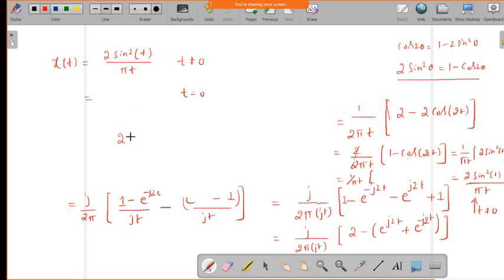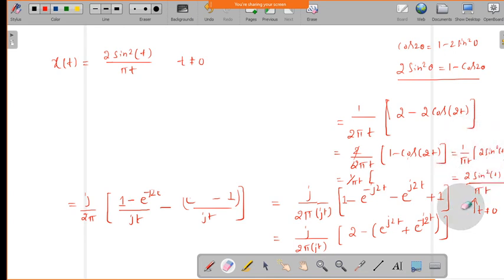If you apply this, sin square differentiation gives 2 sin of t into cos of t. Okay, so we will see the solution, whether it is correct or not.